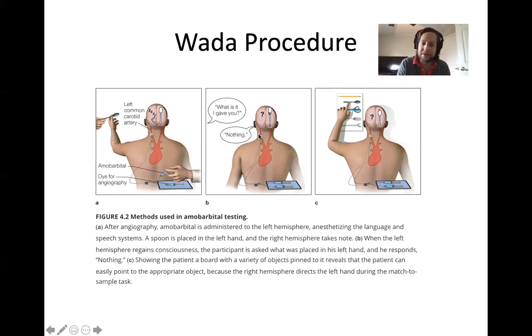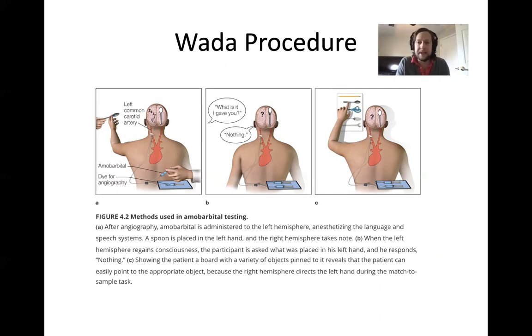You can make an injection of the chemical which is shown here, amobarbital, which sounds like a barbiturate, and you can administer that into one of these two arteries. And if you administer it to one side, then the left hemisphere of the brain can be temporarily shut down.